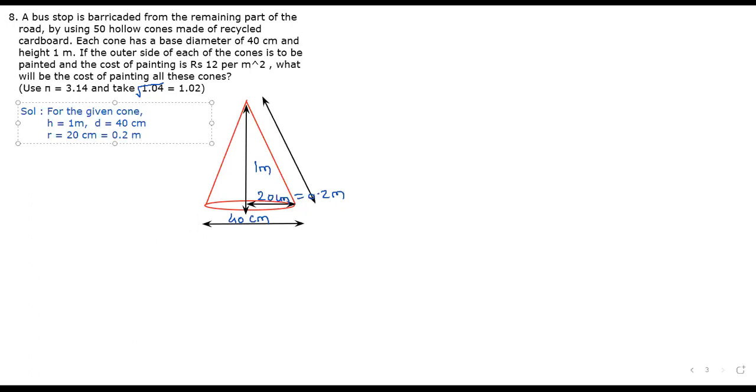I am purposely making it 0.2 because they have given root of 1.04. So let us check. Slant height L, what is L?